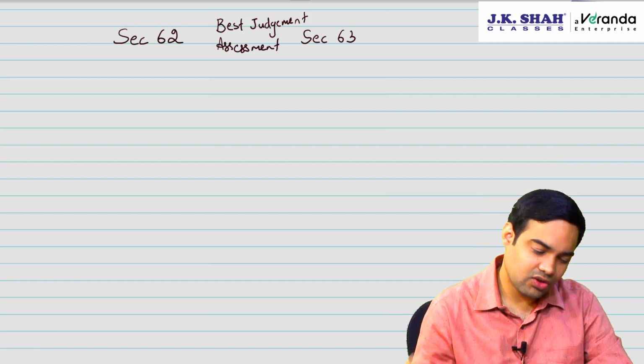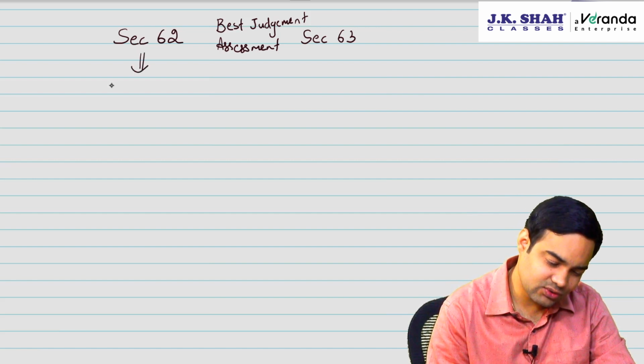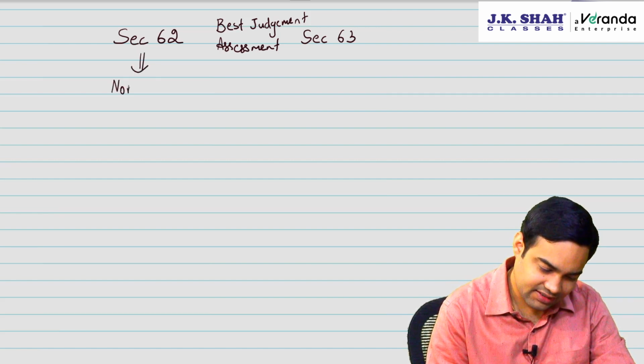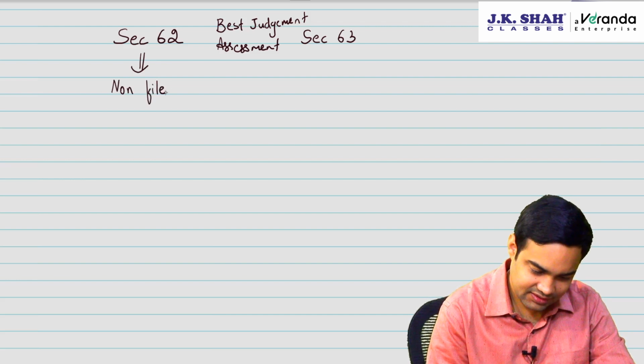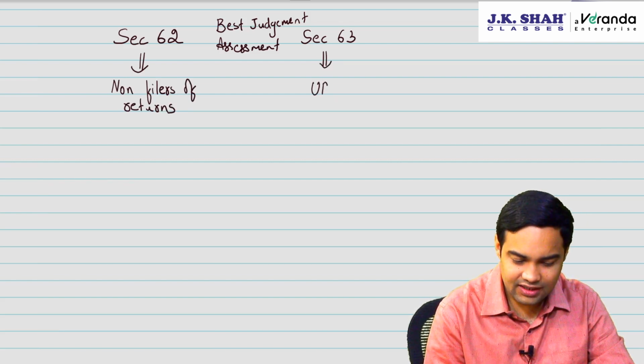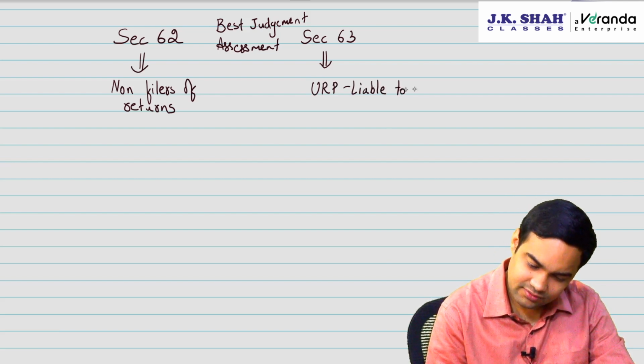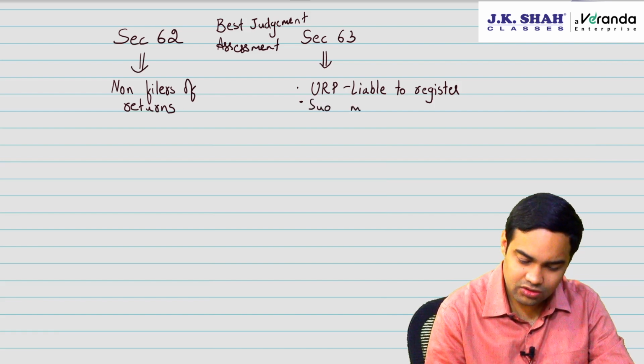Best judgment assessment can be initiated by the department. Now when you talk about best judgment assessment, section 62 is for non-filers of returns, and section 63 is for an unregistered person who was liable to register, or a person whose registration is suo motu cancelled by the officer.